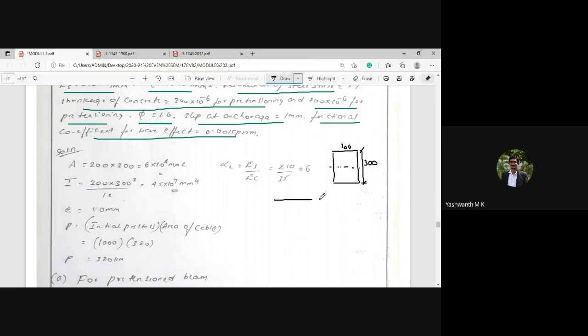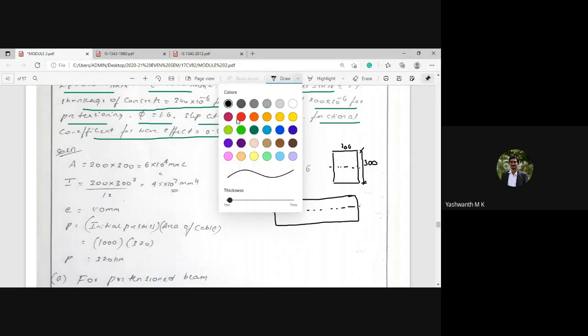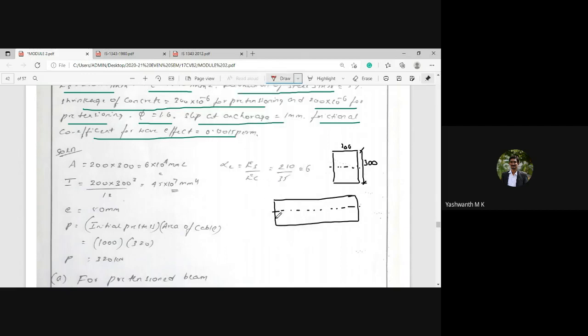So this is the beam, PSC beam. For this beam, they have placed the central axis, and to this they have placed a cable that is constant. What is the meaning of constant eccentricity? That means throughout the length of a beam, the eccentricity will be the same.